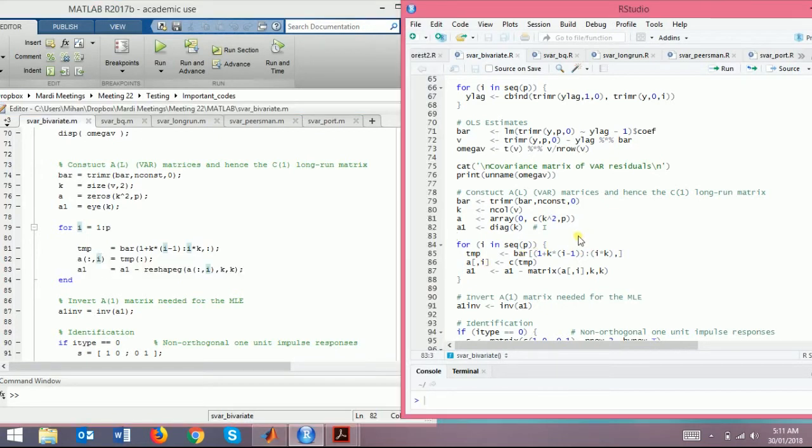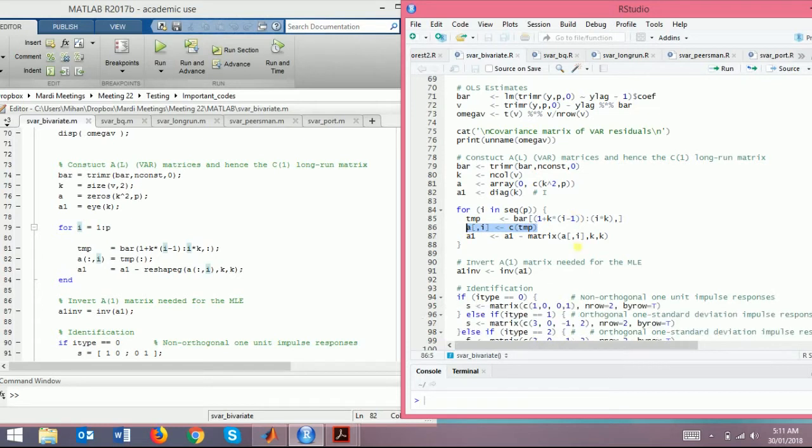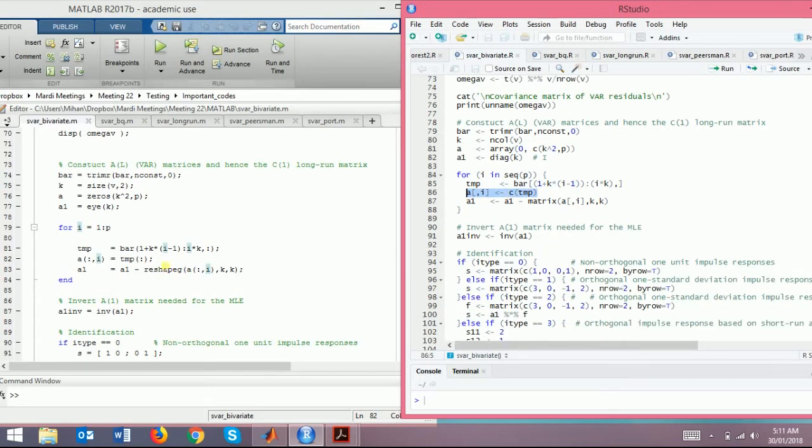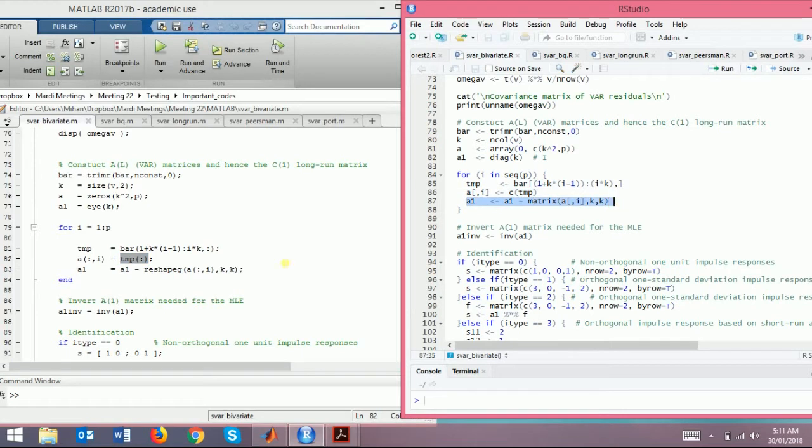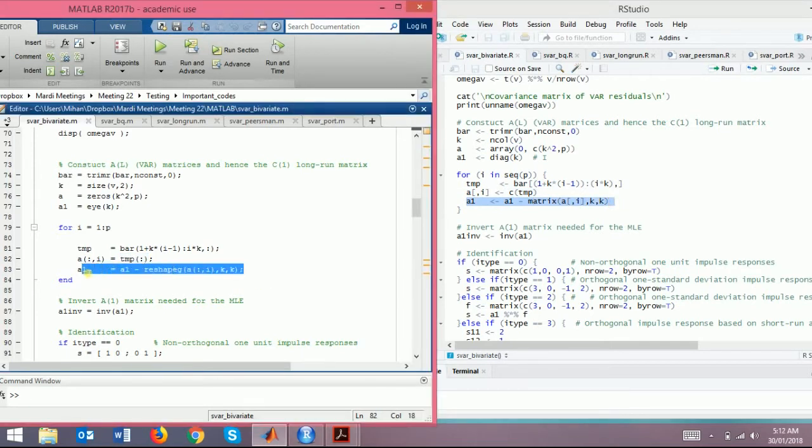And then I see, combining CTMP. CTMP actually means all elements. Wow, that is something I didn't know. CTMP is all elements representation. Okay, this is as it is. Now this part, reshaping.